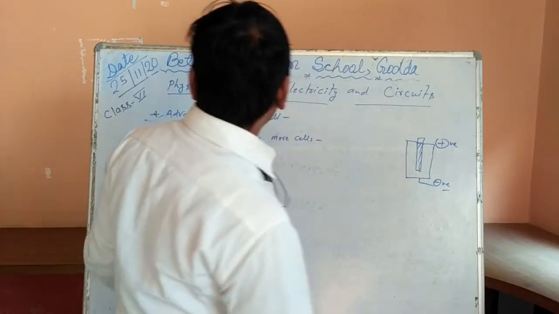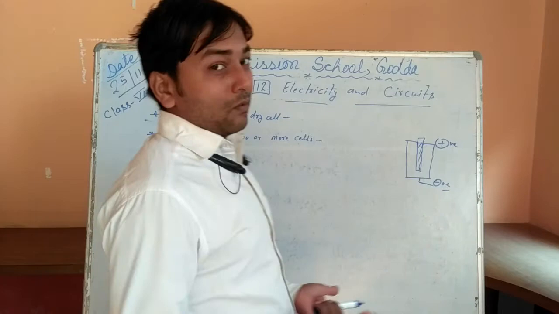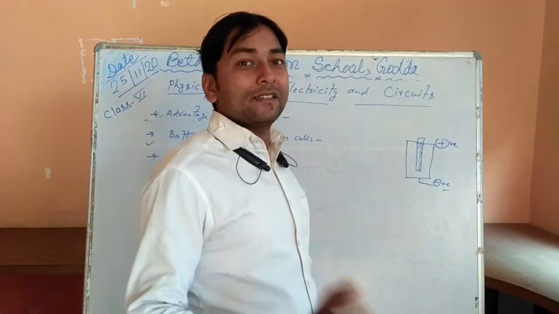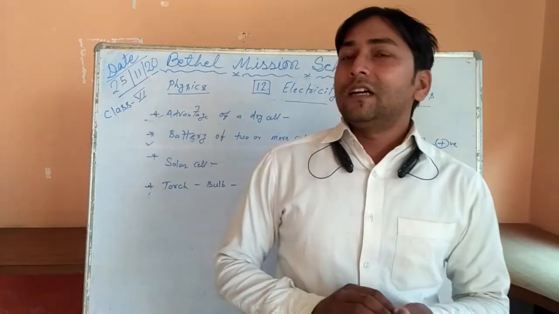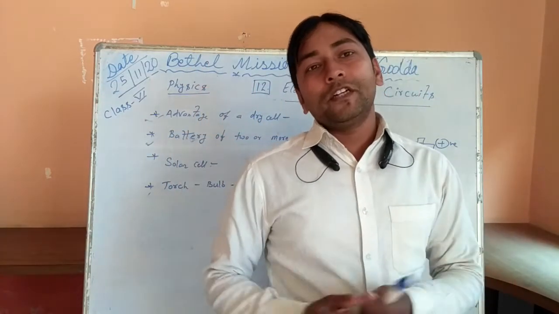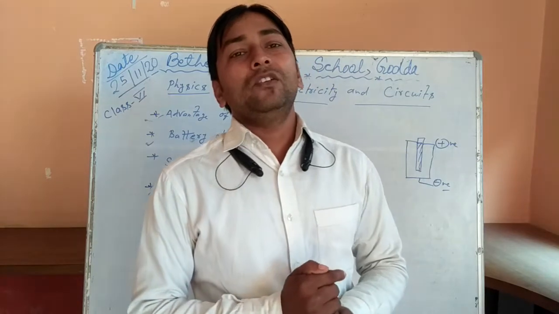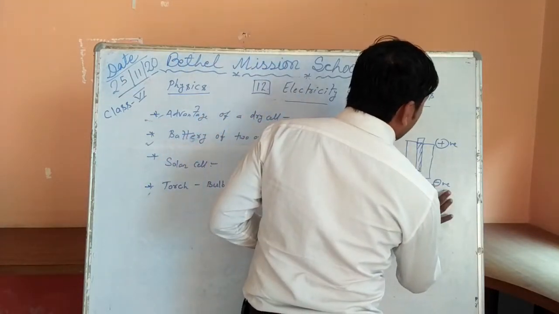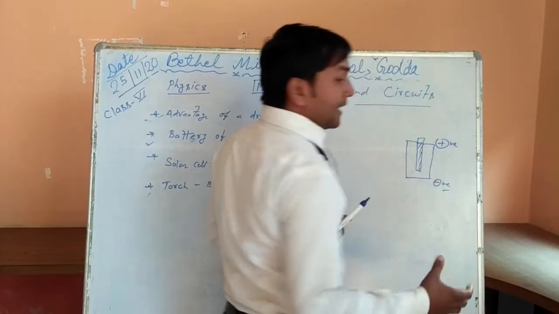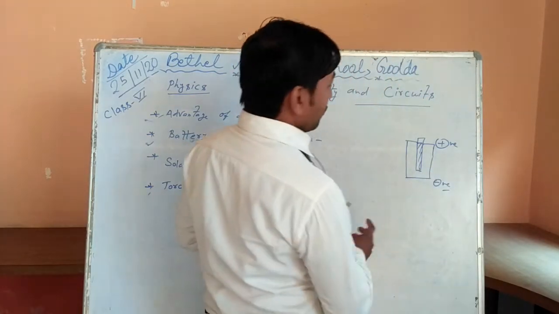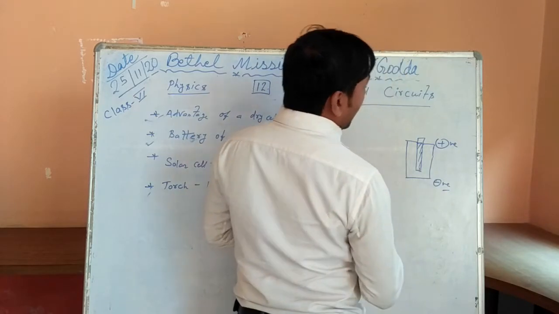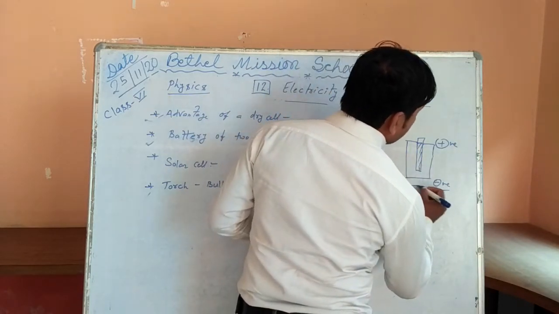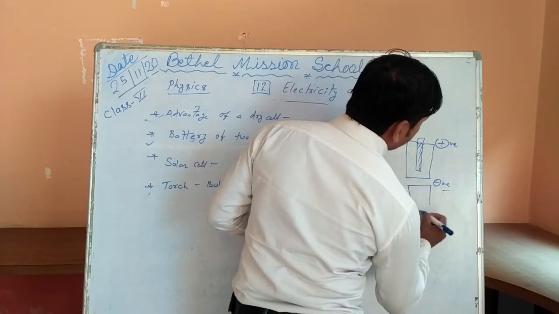Now we talk about the battery of two or more cells. What is a battery, and how will you know the connection of dry cells? You already looked at the inner view of a torch. In which manner do you connect the dry cells in a torch? One enters this way and the other should also enter this way.